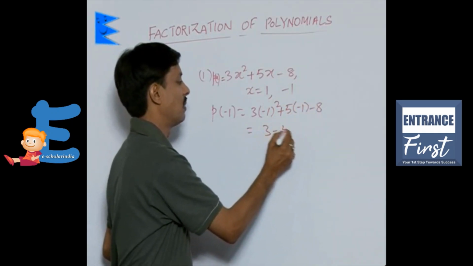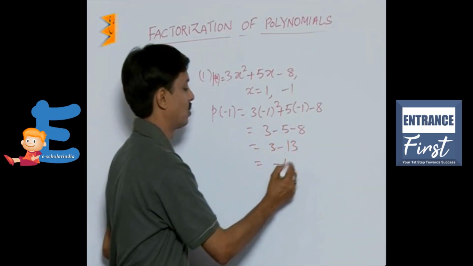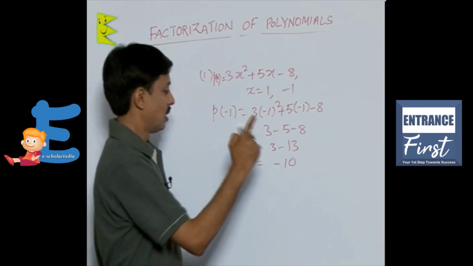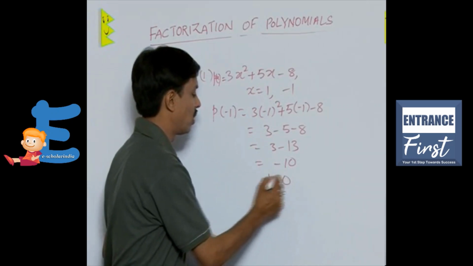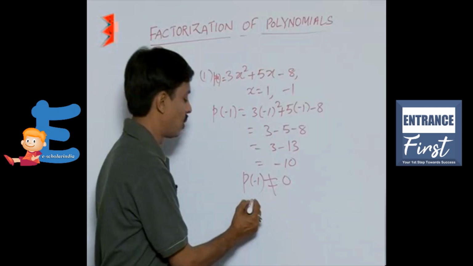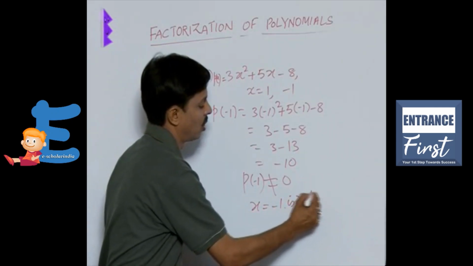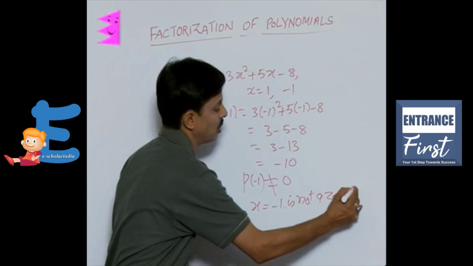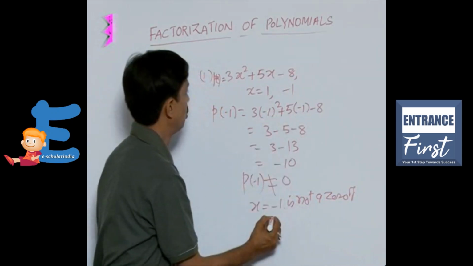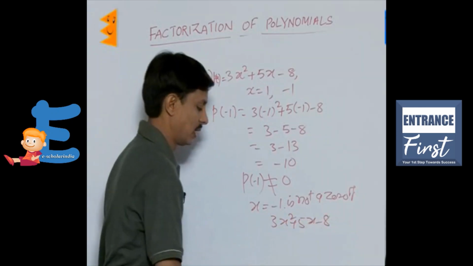This becomes 3 minus 5 minus 8, which is equal to 3 minus 13, which is equal to minus 10. Result is not equal to 0. P of minus 1's result is not 0. So I will say x equals to minus 1 is not a zero of 3x square plus 5x minus 8.